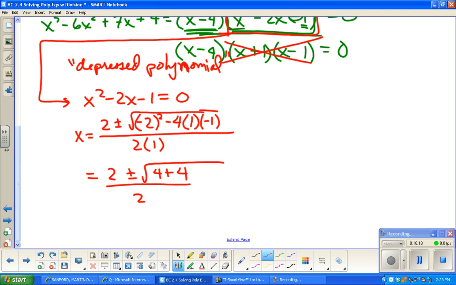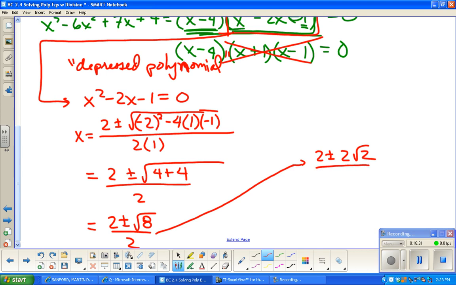Okay, you look at the signs, you figure out why it's plus. 2 plus or minus the square root of 8, also known as 2 plus or minus 2 root 2. Okay, 8 is 4 times 2. You can play around with that. And now since every term can be divided by 2, I can make this 1 plus or minus the square root of 2.